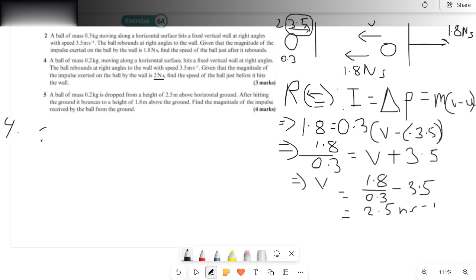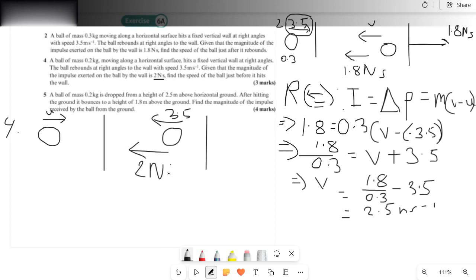So similarly, just like before, the ball has an initial velocity of u, which is unknown, and it hits the wall, and after rebounding, it has a final velocity of 3.5 meters per second with an impulse of 2 Newton seconds.